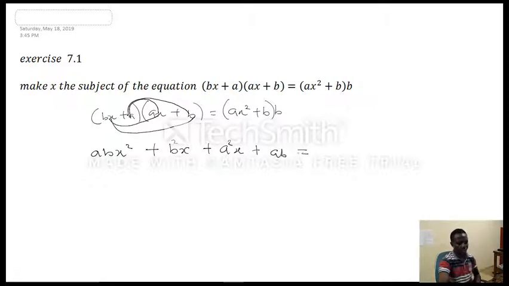While on the right hand side, we are going to use b to multiply the bracket, and that will give us abx squared plus b squared.